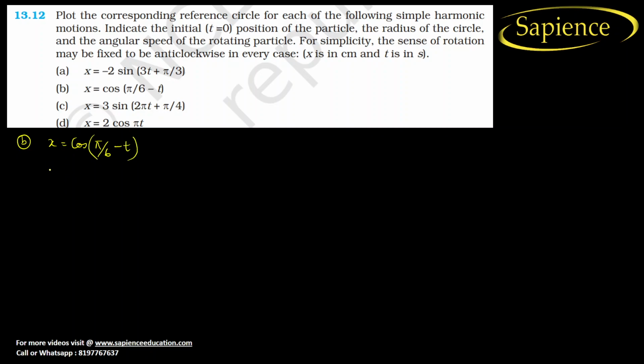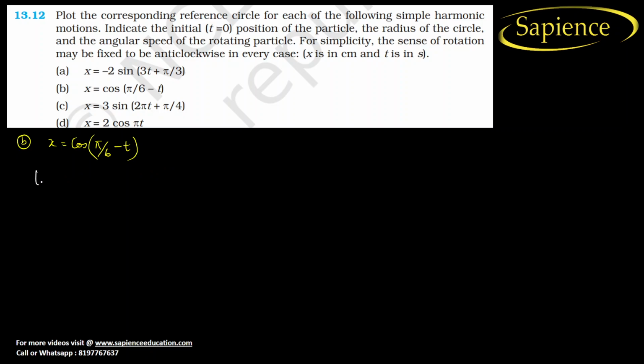If we rearrange the equation, we have x is equal to 1 cos(t minus pi by 6), or we may not simplify it and just write it as it is.